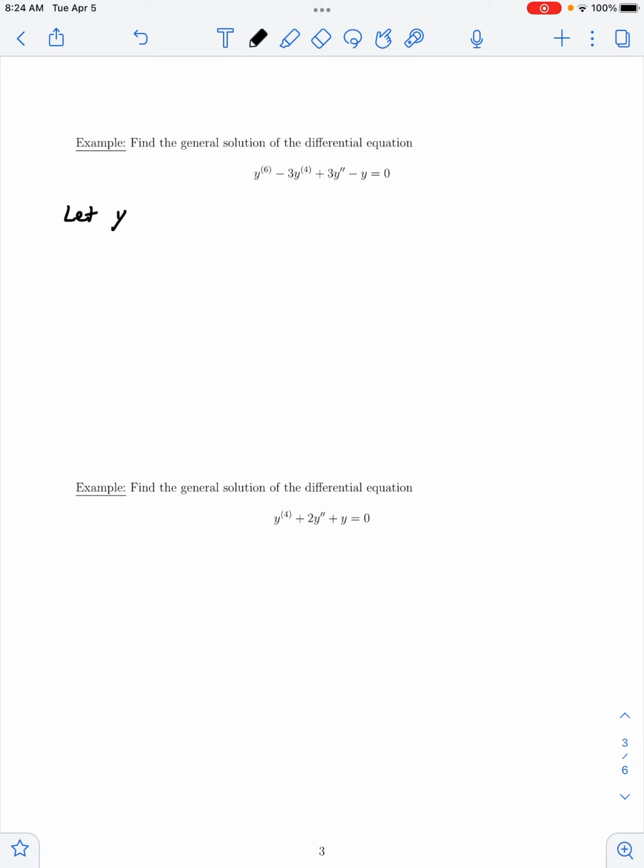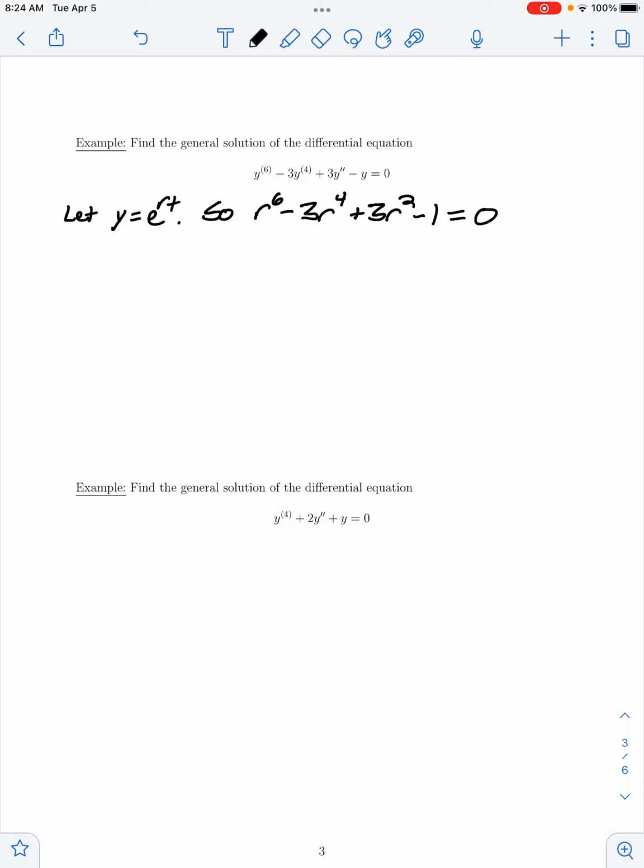If we look for solutions of the form y equals e to the rt power, then r satisfies the characteristic equation r to the sixth minus 3r to the fourth plus 3r squared minus 1 is equal to 0.